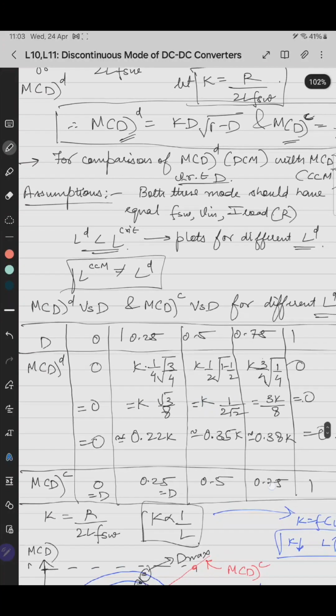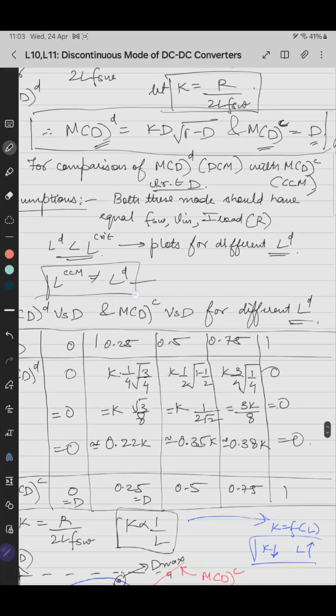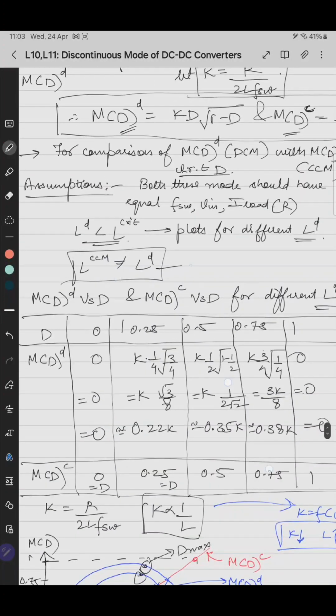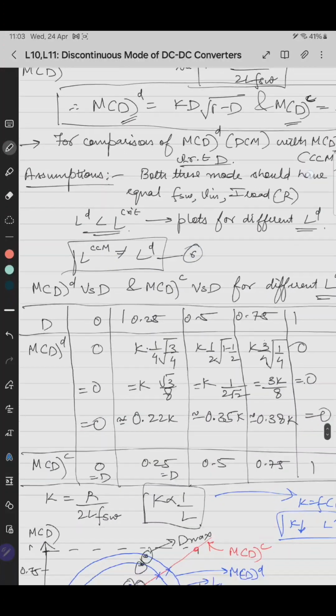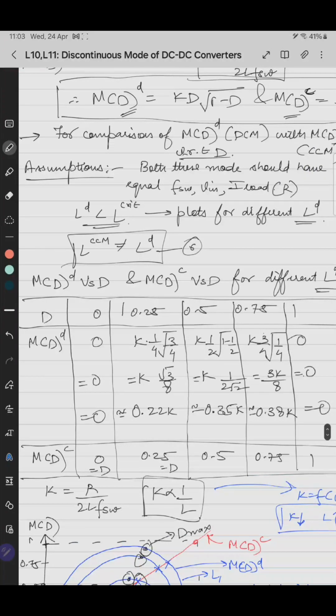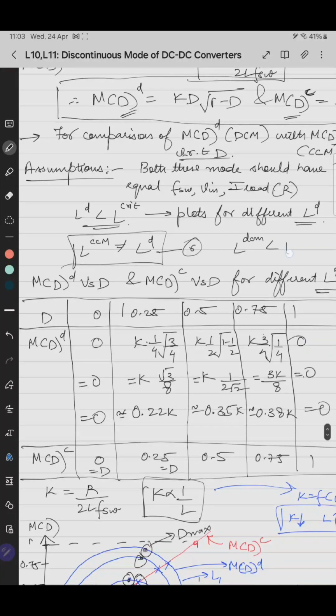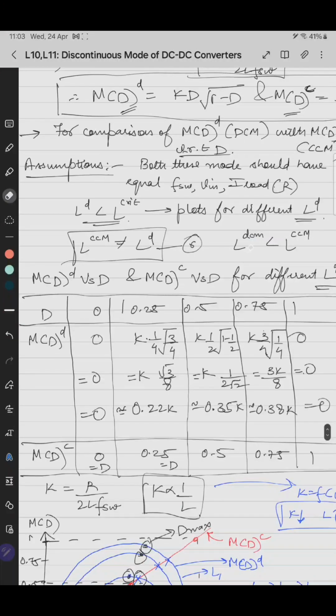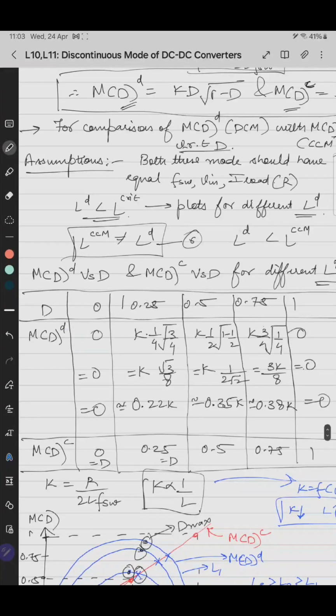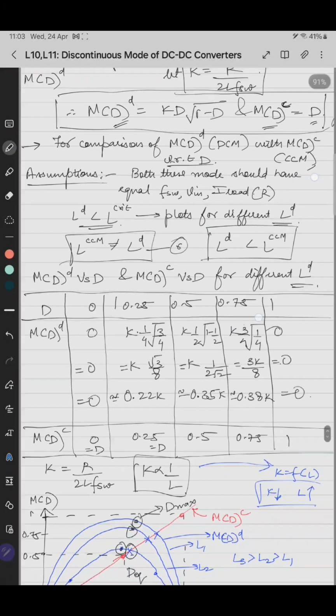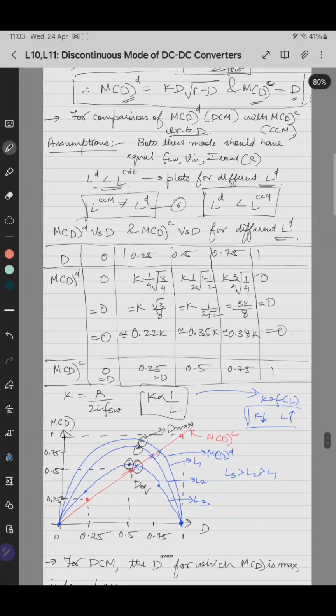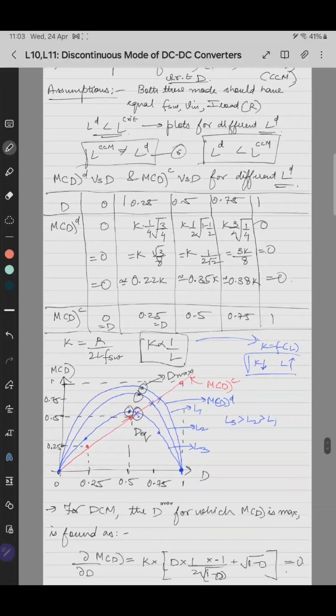So that's why here I have written equation number 6: L for CCM is not equal to L for DCM, or you can write L for discontinuous conduction mode is less than L for continuous conduction mode. L of DCM less than L of CCM. So the rest is everything the same. So now let's plot M of D for discontinuous versus M of D for continuous versus D.